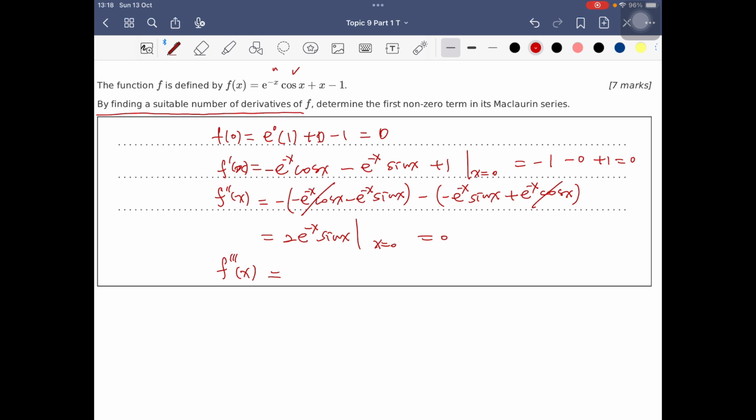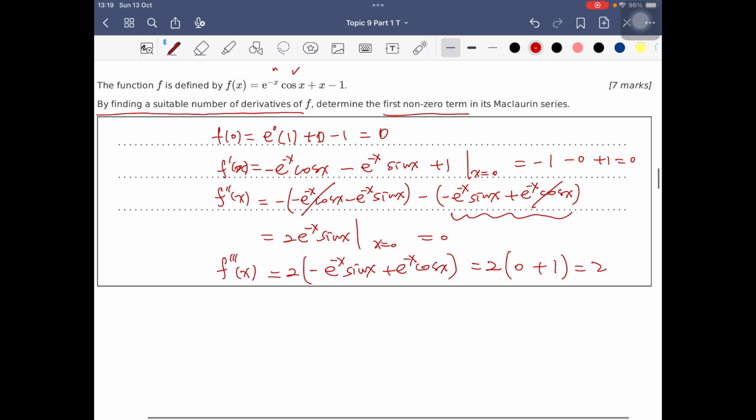Another one, actually this was the derivative of e to the power of negative x sine x. So let me just use that again, plus e to the negative x cos x. So now when we put 0, you add 1. So this becomes 2. So the first non-zero term comes from the third derivative.